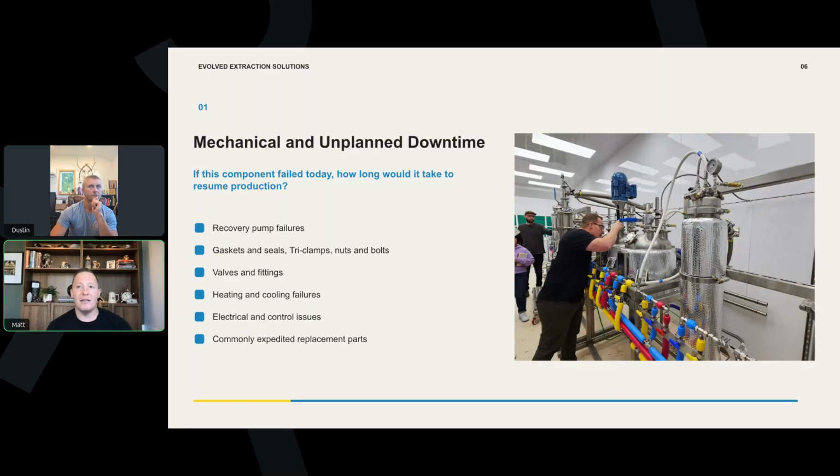Those are easy to see as obvious problems that can arise from not having those on site.